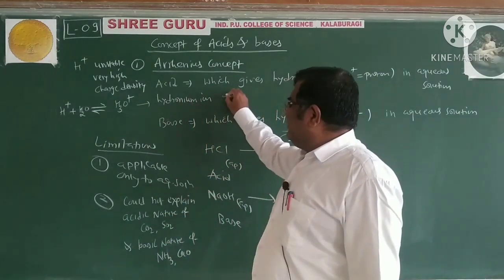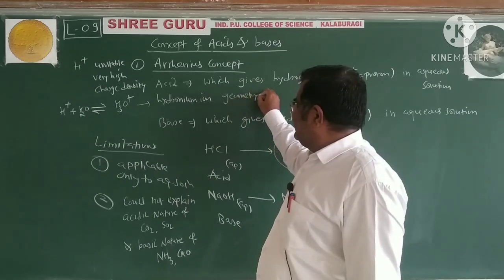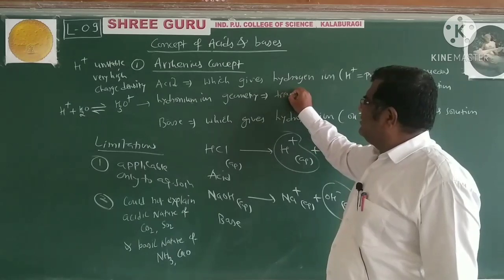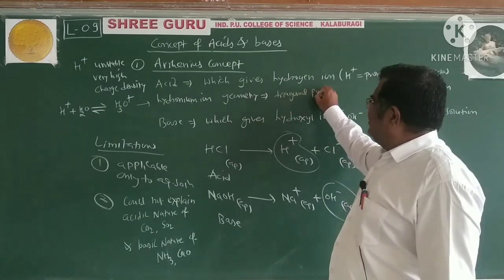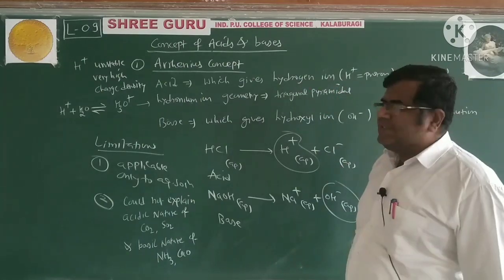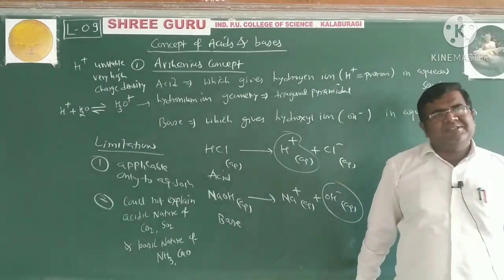The geometry of this hydronium ion is trigonal pyramidal. Oxygen is sp3 hybridized, just like in ammonia.